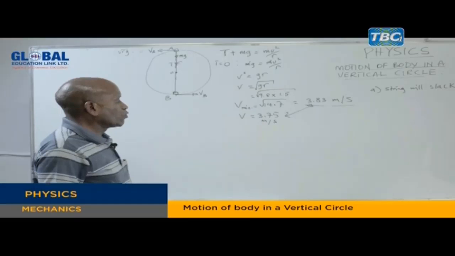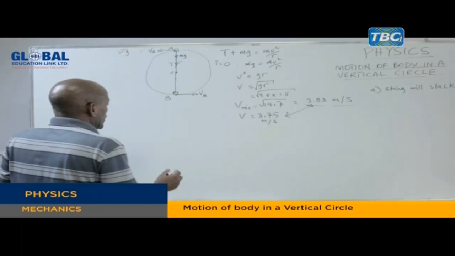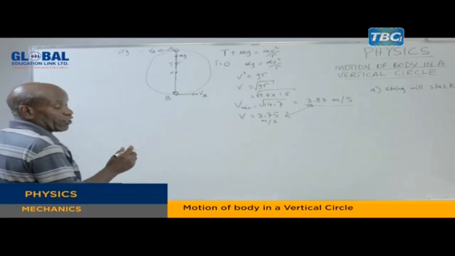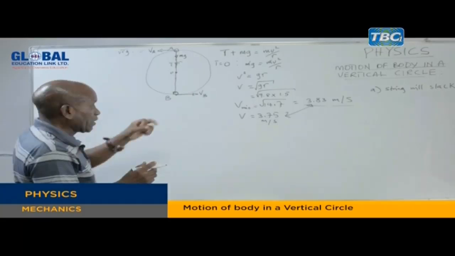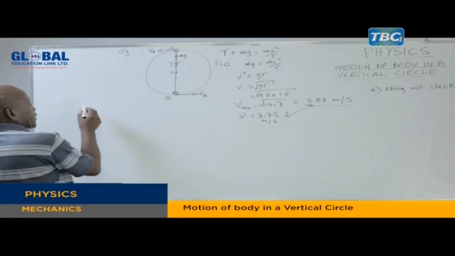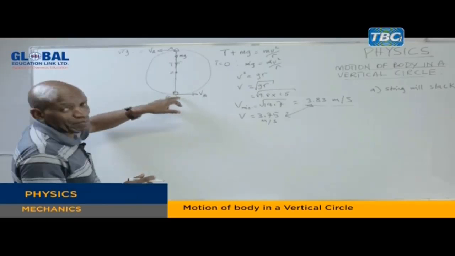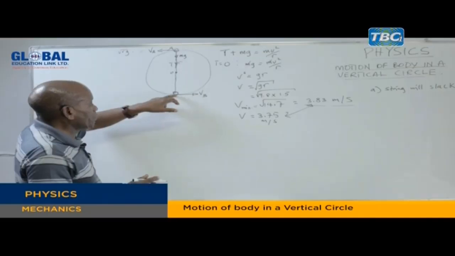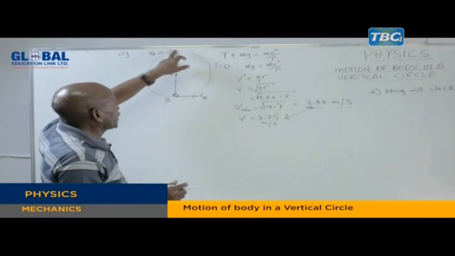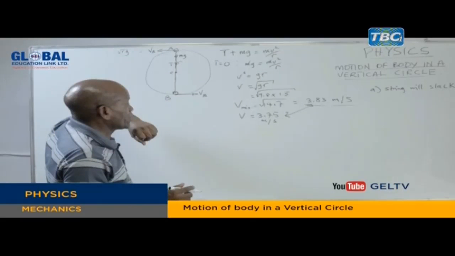So we look at the energy possessed by the body at the bottom. By the conservation of energy, the total kinetic energy at the bottom should be equal to the total energy possessed at the highest point.